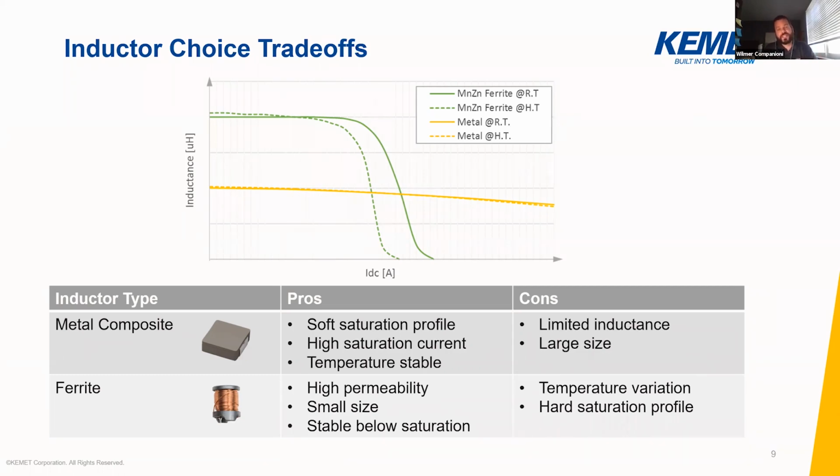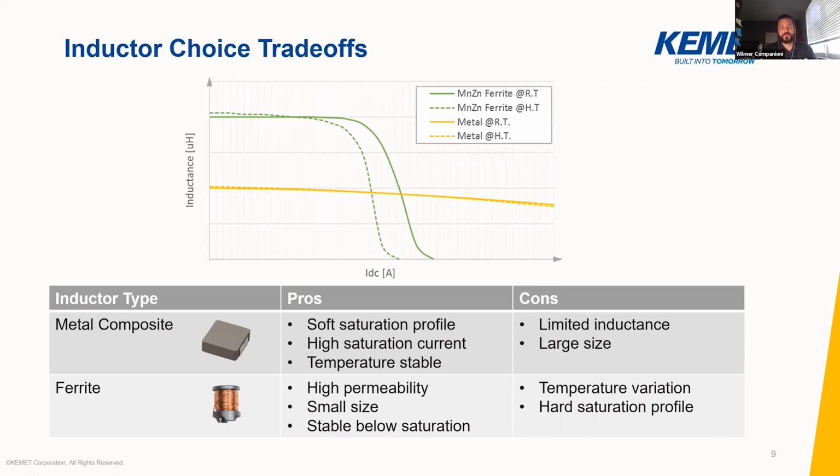Some of the cons are that they're somewhat limited in the relative amount of inductance, and they are somewhat larger in size than their ferrite counterparts, which have high permeability, come in generally small sizes, and are somewhat stable below saturation.